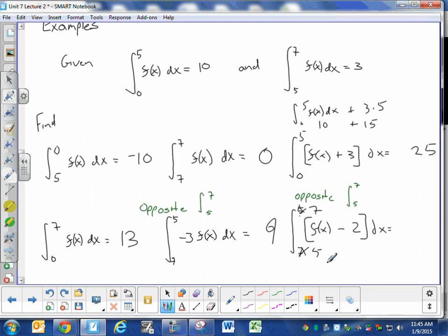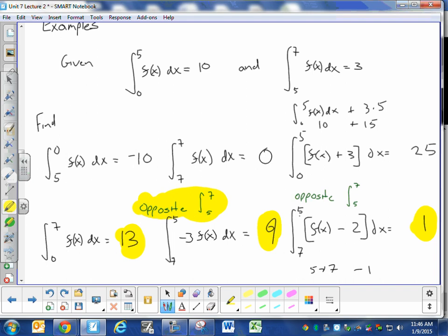So I have 3 plus -2 times 2, that's -4. So from 5 to 7, that area is -1. Well, from 7 to 5, that area is going to be +1. Okay? And the key is to think opposite of your normal one. Figure out your normal one first. That won't confuse you too much.